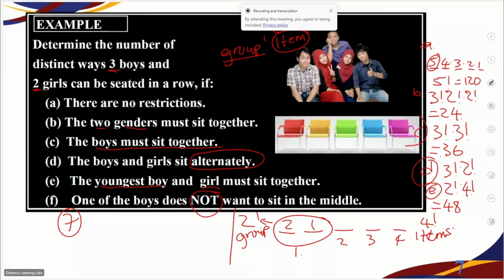Now, before we apply this, in how many ways can they sit without any restriction? They can sit in 5 factorial ways without any restriction.